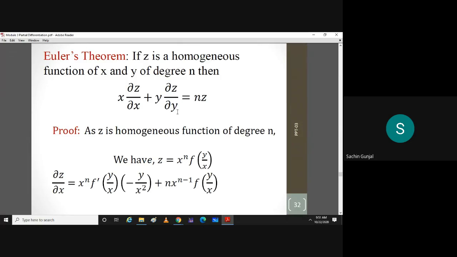Can anybody answer this? Could you please repeat your question? Find x into ∂z/∂x plus y into ∂z/∂y, where z is equal to sine inverse of (x upon y).